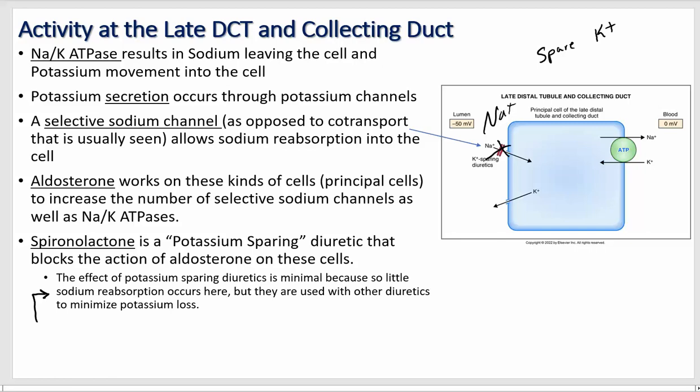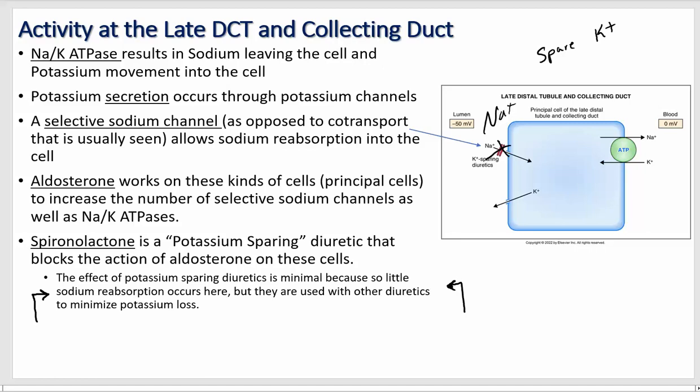This note here is actually kind of important, even though it's the smallest font on the page. The effect of potassium-sparing diuretics is minimal because so little reabsorption happens in the late distal tubule. But they are useful if they're used with other diuretics.